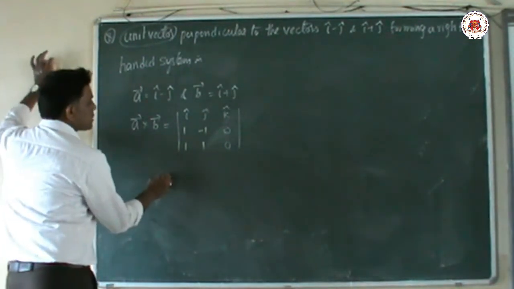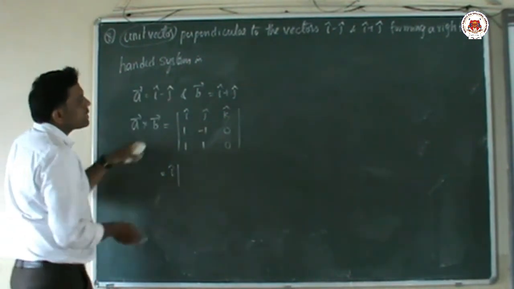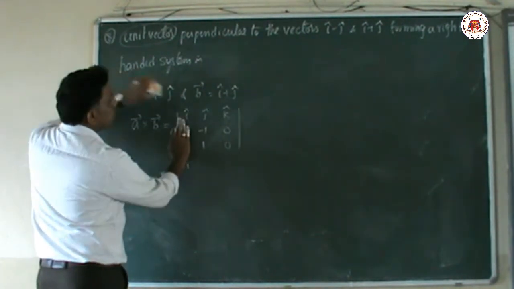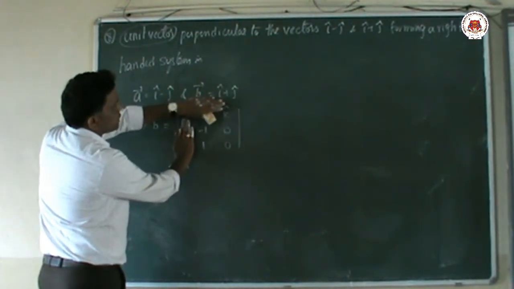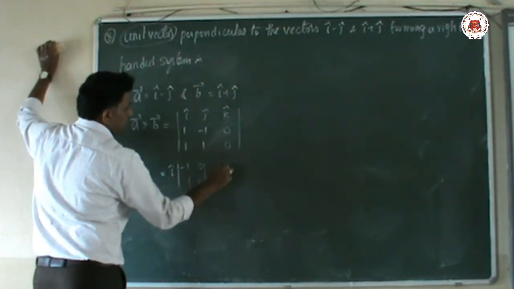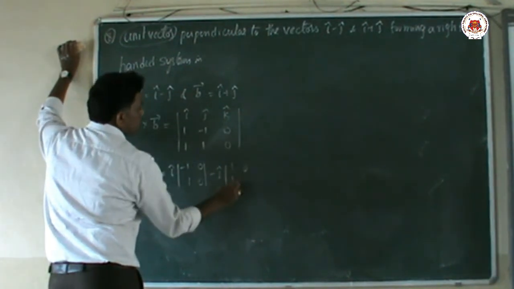If we do the cross product, first i cap: i is in the first row and first column, so we won't take the first row and first column. Then minus j cap, which is in the second column.